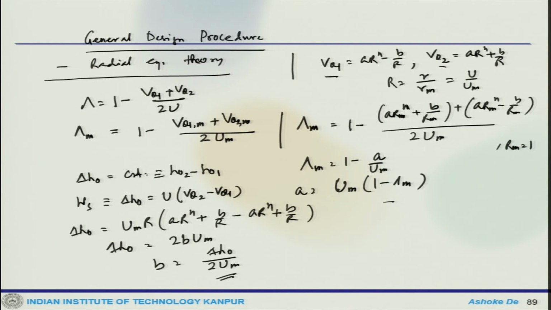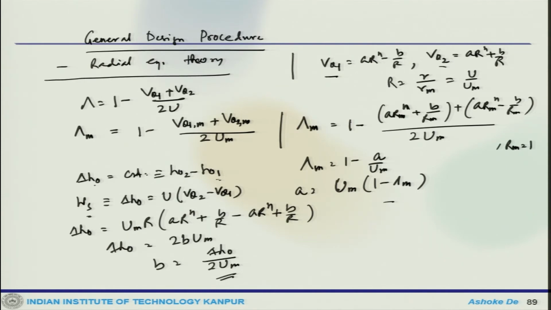Now, the total enthalpy upstream of the stage, H naught 1, is assumed to be constant and independent of r, and since the specific work, H naught 2 minus H naught 1, is also assumed to be constant, the downstream enthalpy H naught 2 is also constant. So, if this is constant and the upstream was assumed to be constant, this becomes also constant.